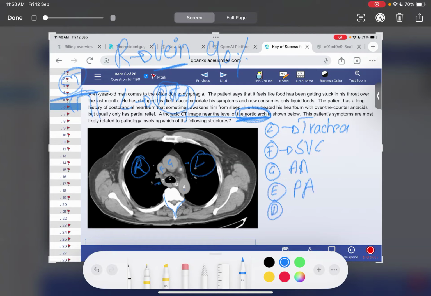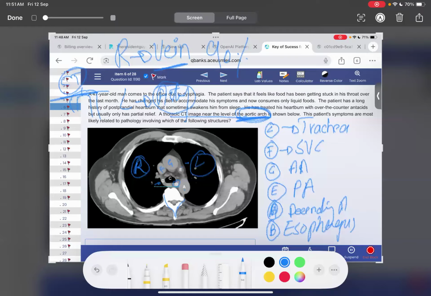And what's A over here? G is the ascending aorta, so A will be your descending aorta. Okay, what's B? B is the esophagus.